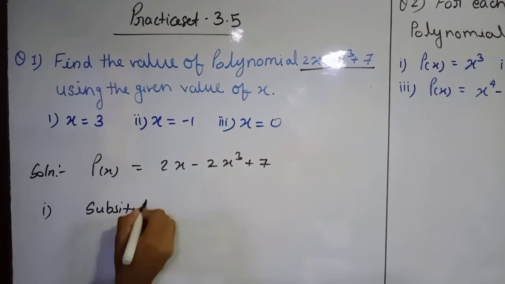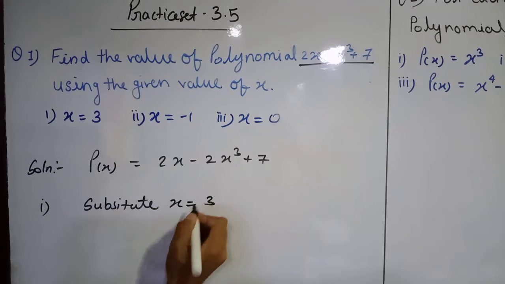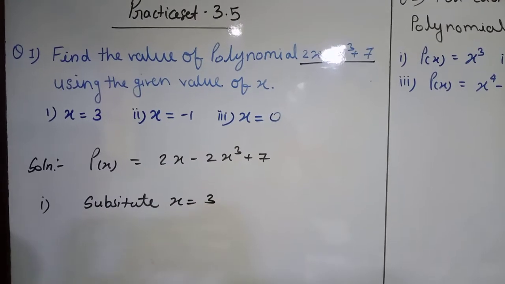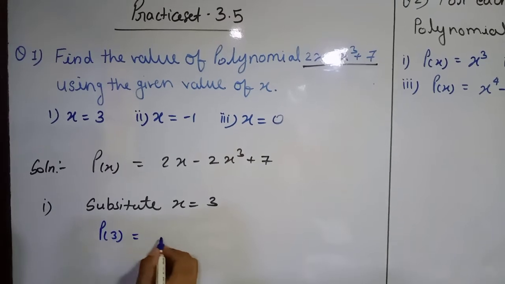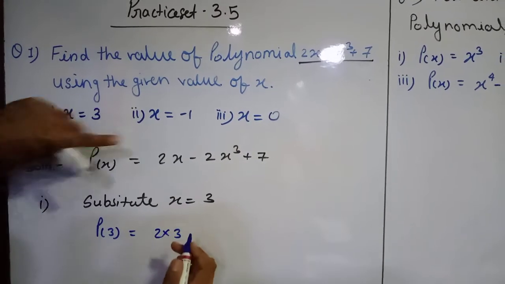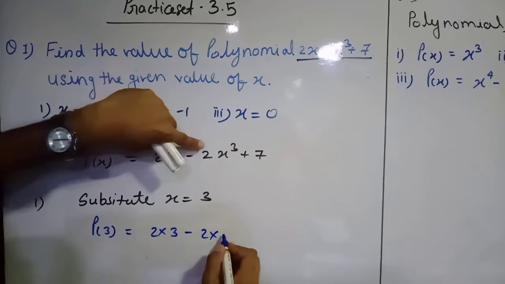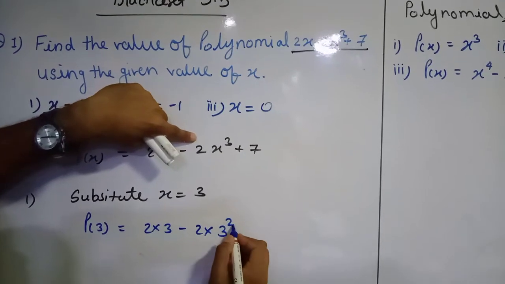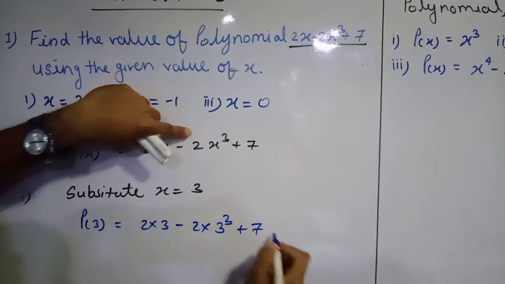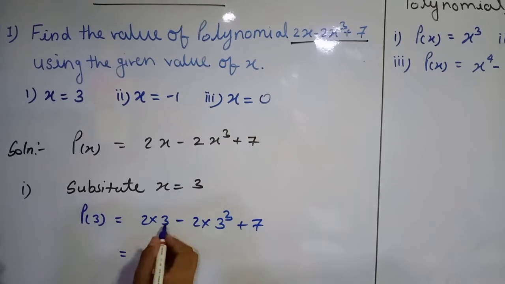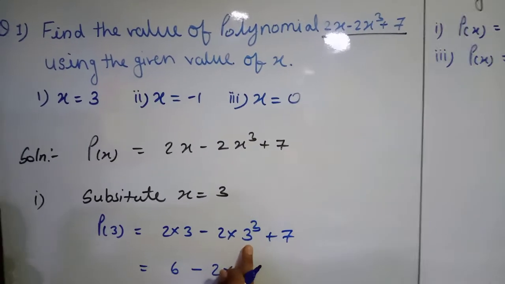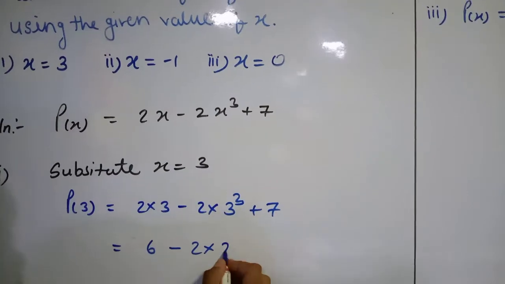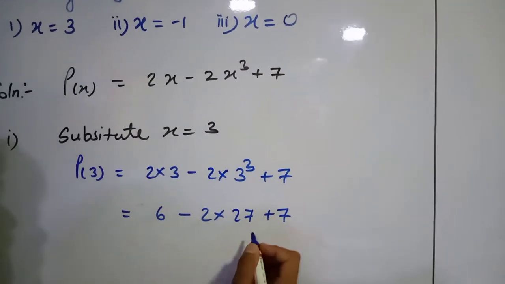Substitute x is equal to 3. So therefore we should write at the place of x, 3: P(3) is equal to 2 into 3, you can see, minus 2 into cube of 3 plus 7, is equal to 2 threes are 6, minus 2 into cube of 3. 3 threes are 9, 9 threes are 27, plus 7.